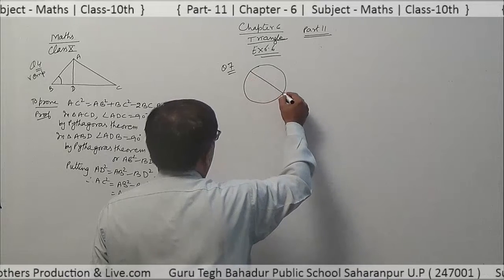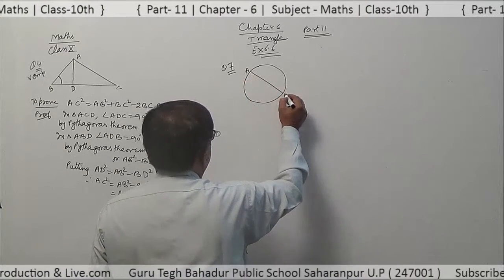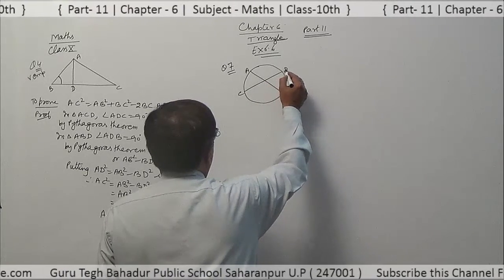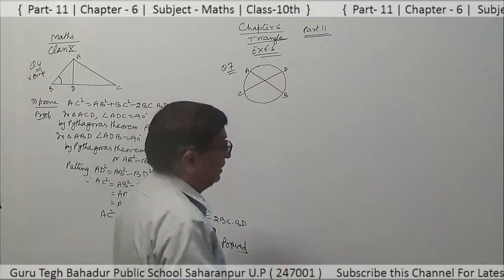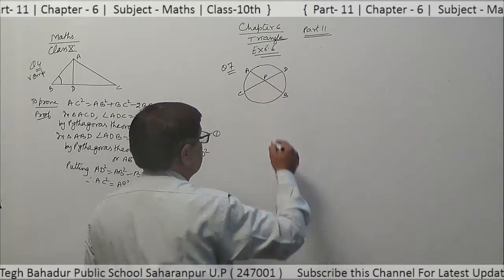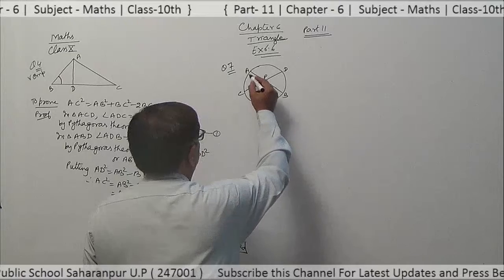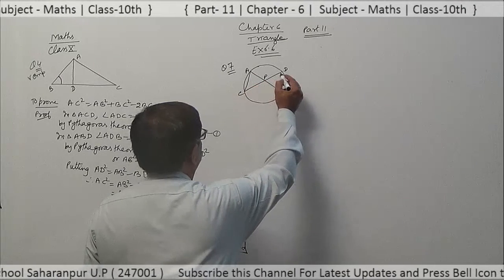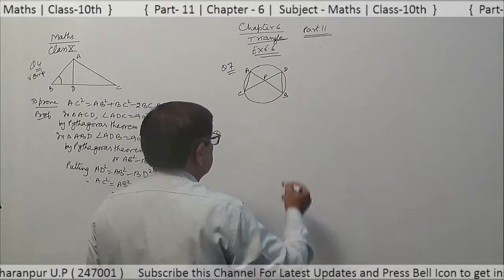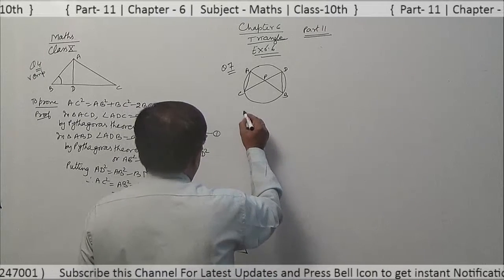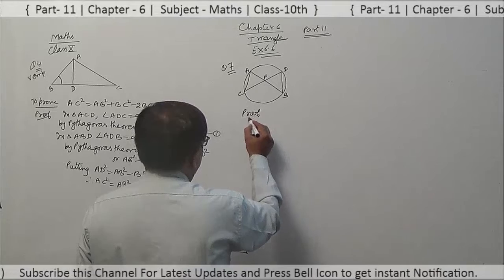These are the two chords AB and CD intersecting at a point P. Prove that triangle APC is similar to DPB. Now see the proof.